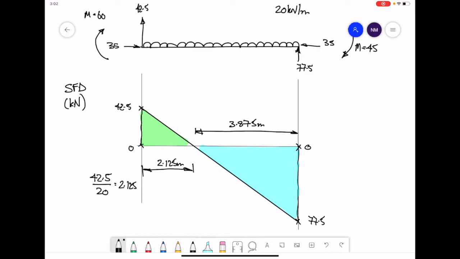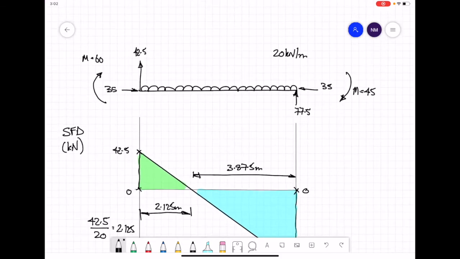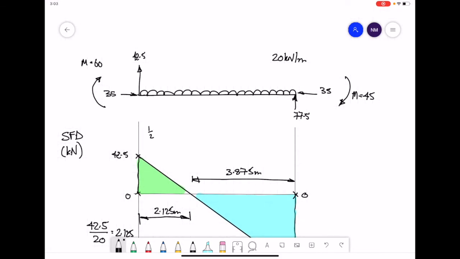To do the green area, half the base times the height is going to be a half times 2.125 times 42.5. That's going to give you a value of 45.2 kilonewton meters.